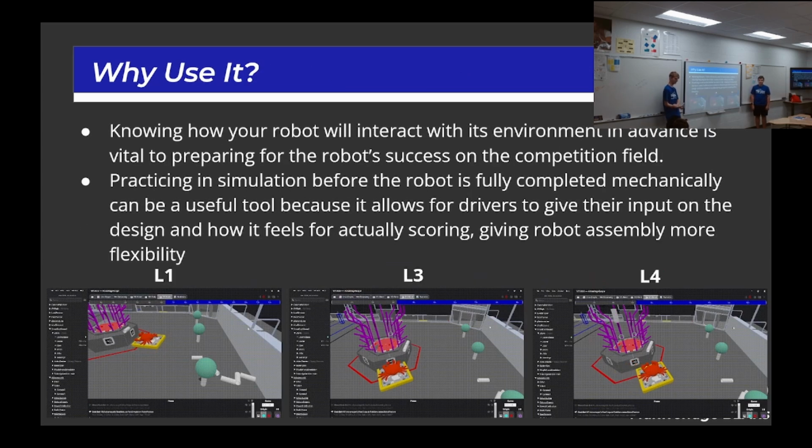So now that you know what it is and what you sort of need to know for the basics, we'll talk to you about why you'll use it. Knowing how your robot's going to interact with an environment is vital for preparing for the robot's success on the competition field.